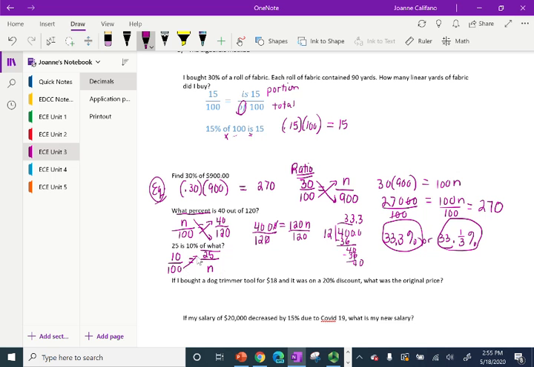Cross multiply. And divide. To get your answer that way. Writing it out in an equation for this one right here. I like ratio when I'm trying to find the percent, but this one has the percent.